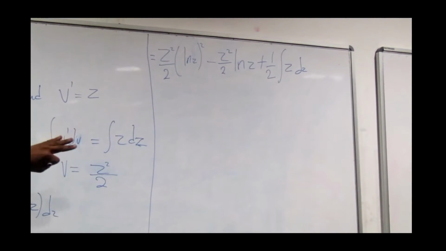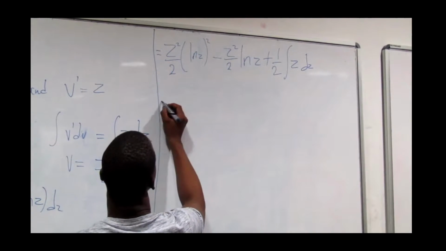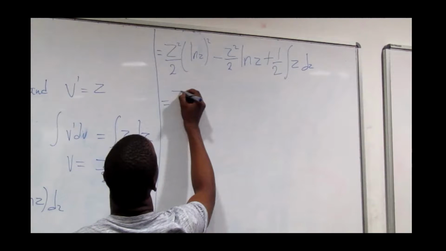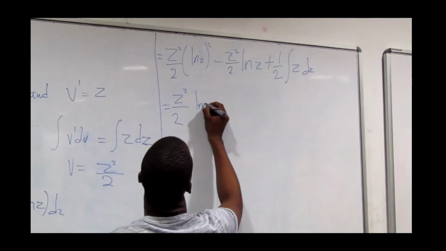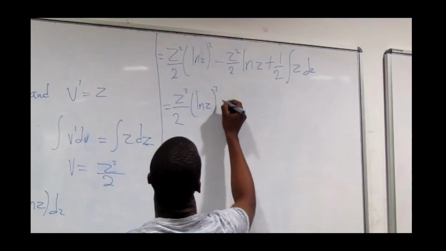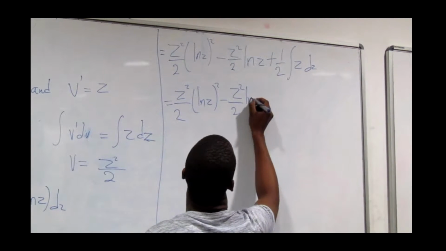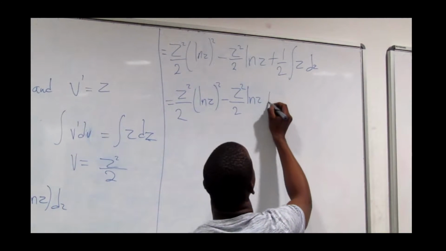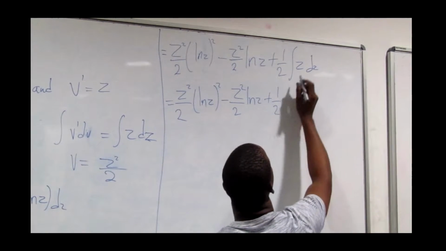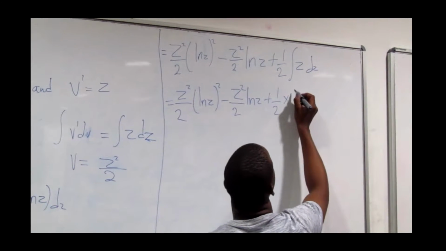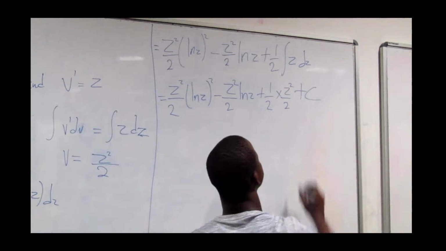Then from there on, we proceed. Now we come and integrate this, since it's a single term: z squared over 2 times ln z the whole squared, minus z squared over 2 times ln z, plus half. When we integrate this, it's going to be z squared over 2 plus c.